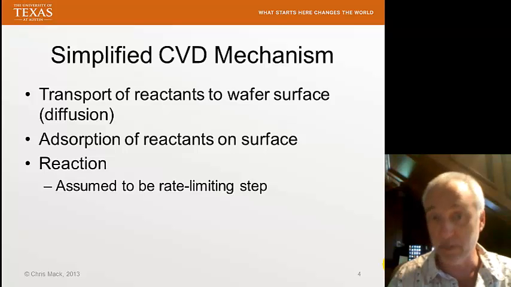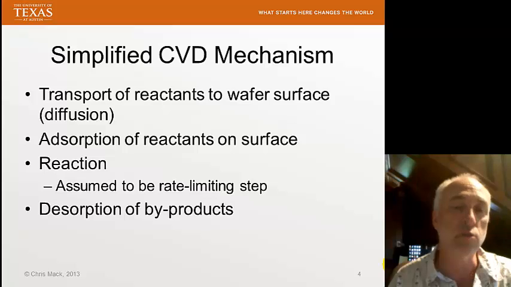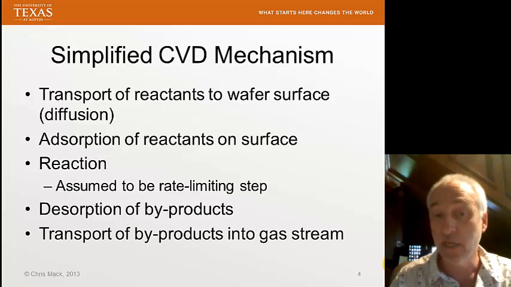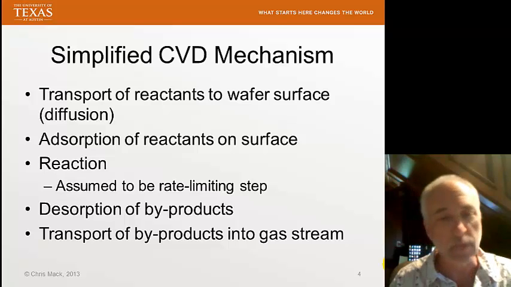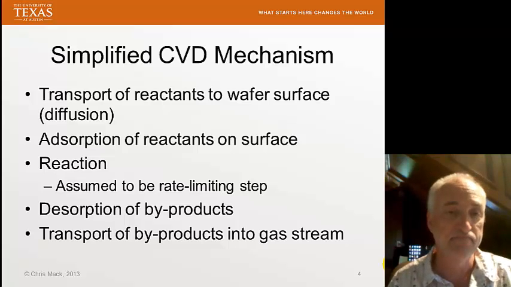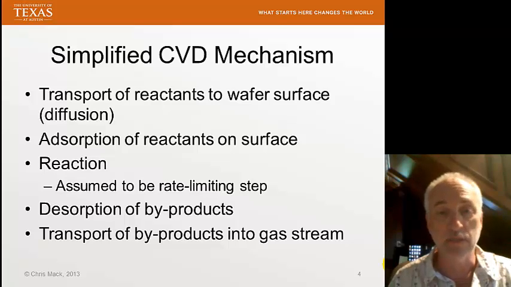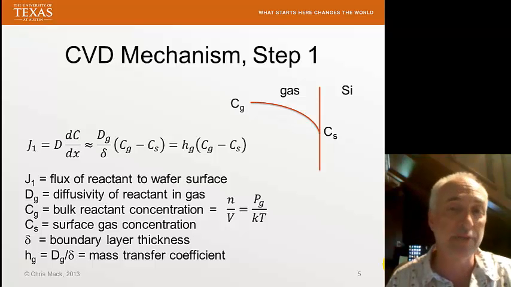We're going to assume that this is the rate limiting step so that we can ignore the last two steps, which is the desorption of the byproducts and the transport of those byproducts into the gas stream. We want to make sure that those two steps are not rate limiting because that makes for a much slower reaction. So, with the assumption that the reaction at the surface is the rate limiting step, we only have to worry about two fluxes.